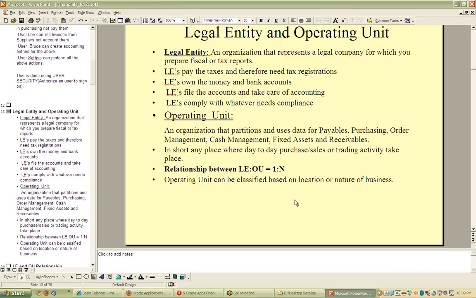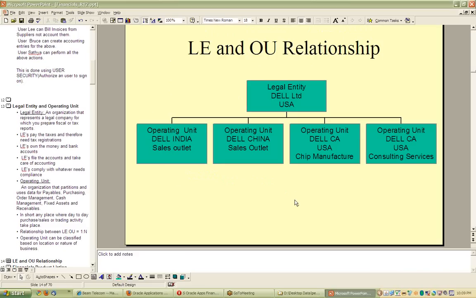These operating units can be classified either based on the location or based on the nature of operation. Here we have a hypothetical example wherein Dell Limited USA is a legal entity which has 4 operating units. They have 2 sales outlets, one in India and one in China, and within USA they have a consultancy service and a chip manufacturing unit.